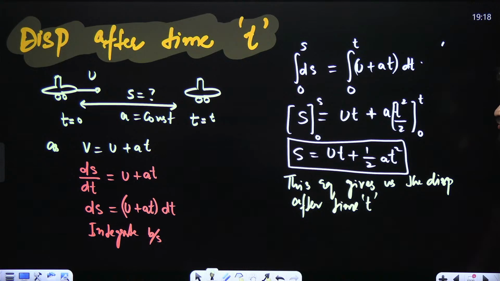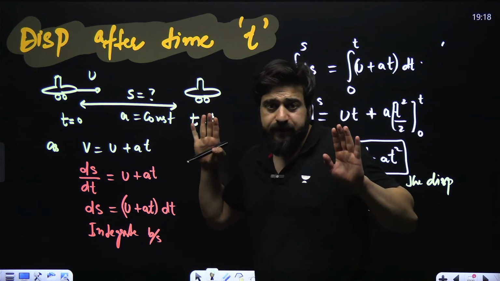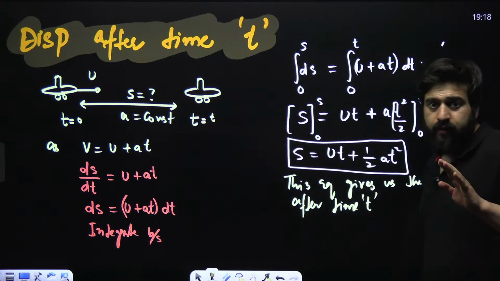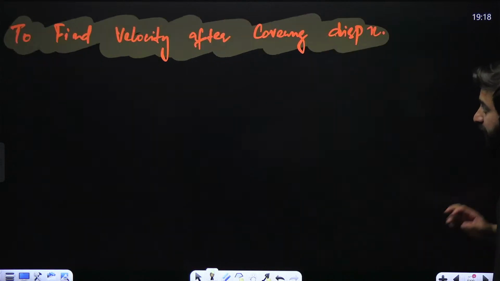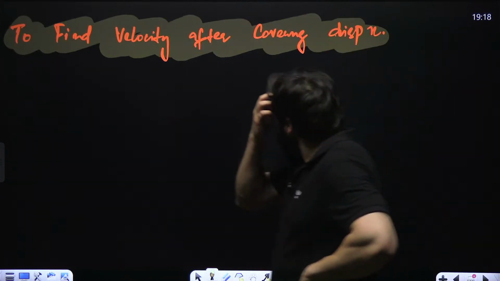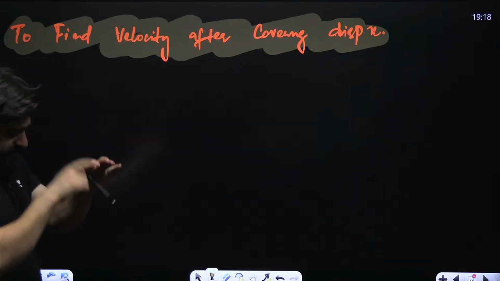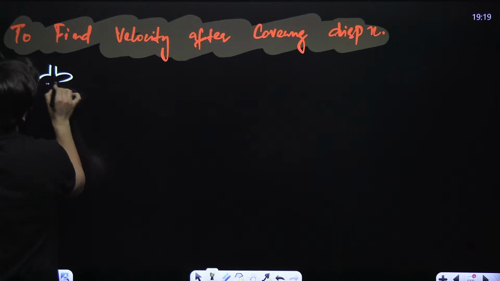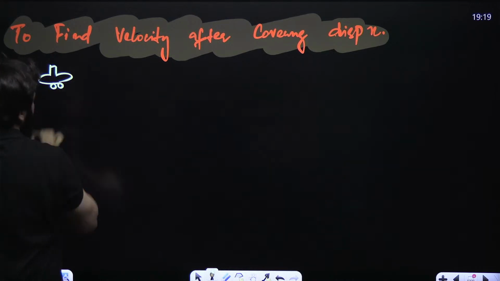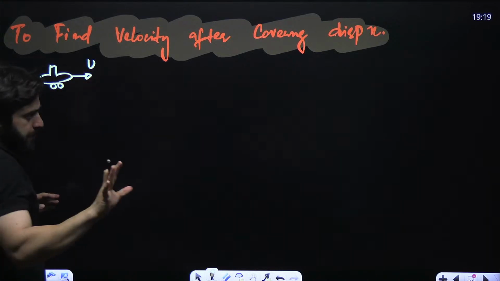So this is the displacement of the car after time t. Now, my dear friends, let's talk about the velocity after covering the displacement. Let's suppose I have got a car over here, and this car is moving with a velocity u.